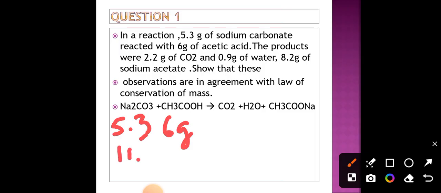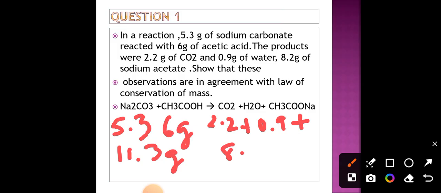So totally it will be 11.3 gram of reactants. And how many grams of products are formed? 2.2 gram of carbon dioxide and 0.9 gram of water and 8.2 gram of sodium acetate. So this will totally come up to, if I add, 11.3 gram.